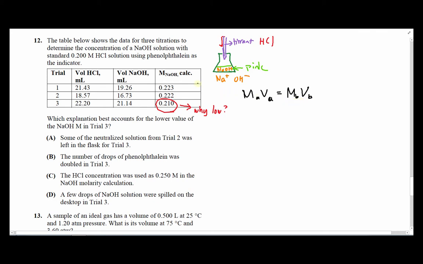In other words, if you have, just an arbitrary number, say you have 100 mole of H plus, then the equivalence point is you have 100 mole of OH minus. So that's what we have.